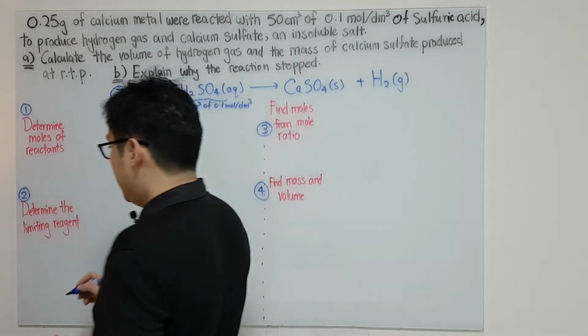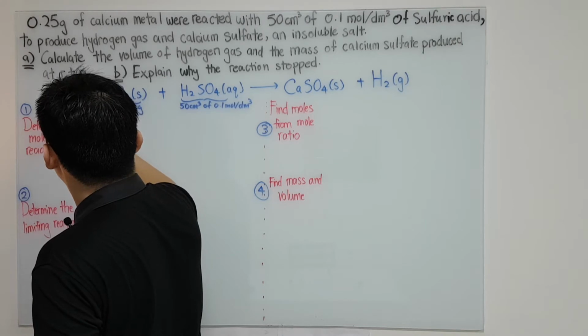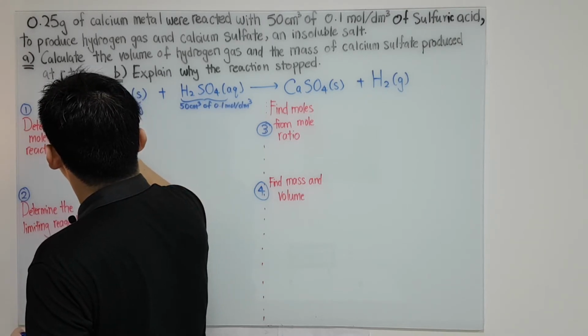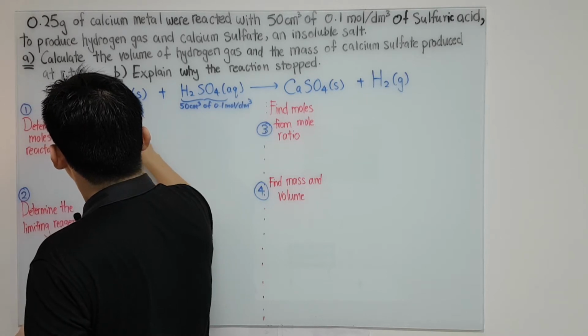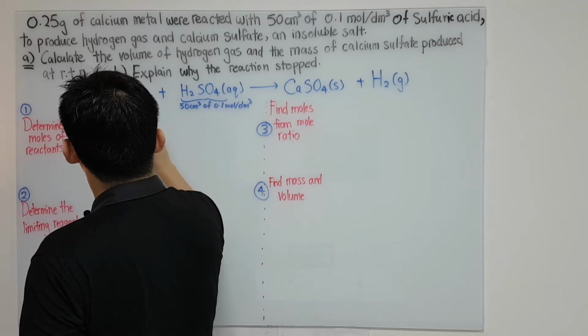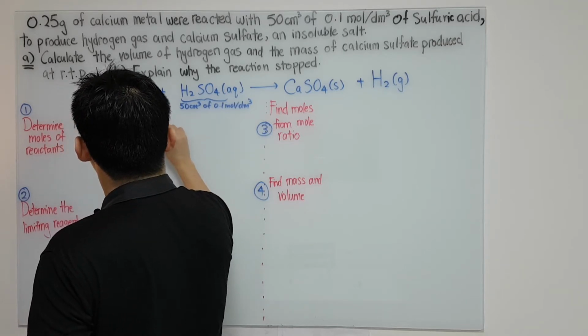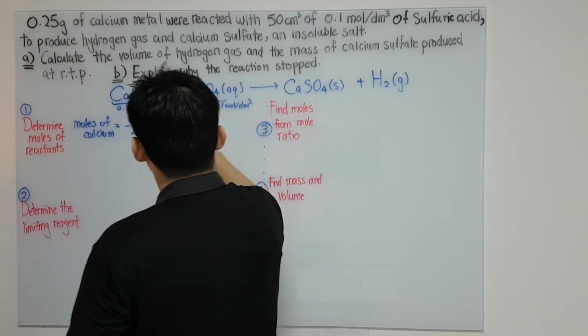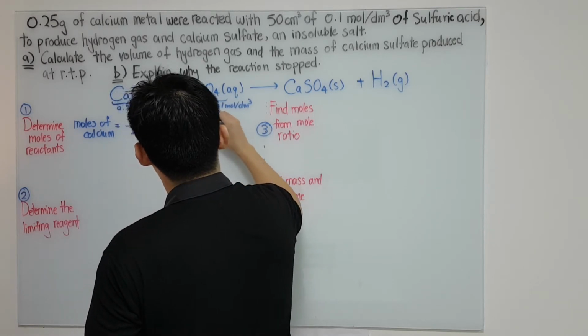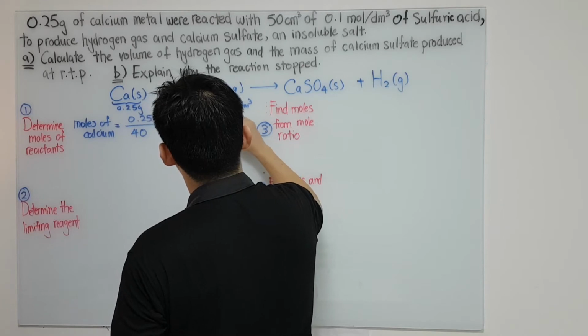The moles of calcium is equal to 0.25 divided by 40, which equals 6.25 times 10 to the power of negative 3 moles.